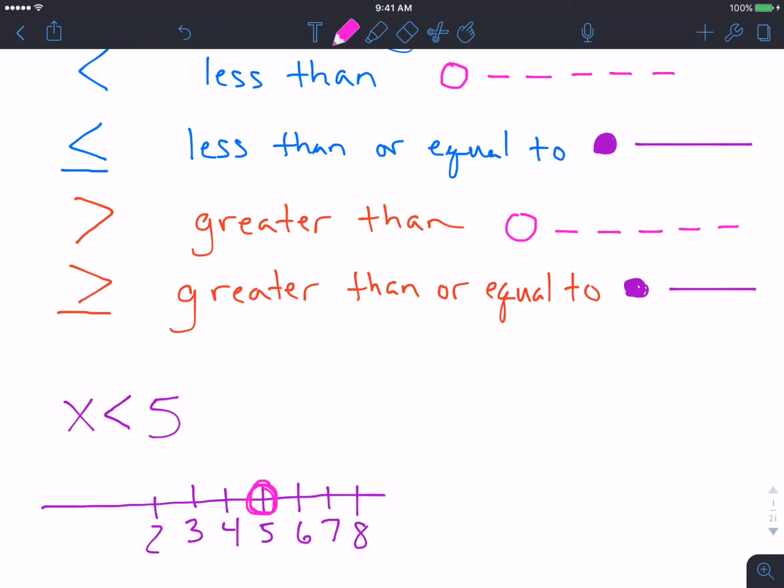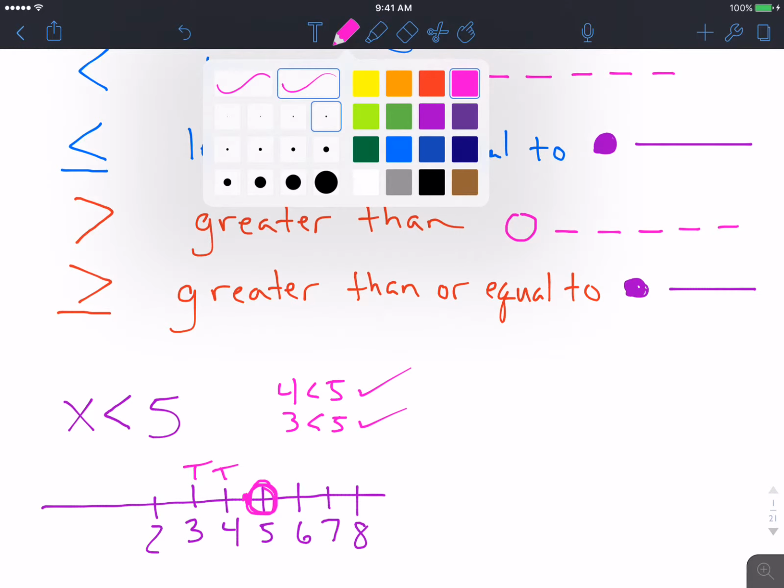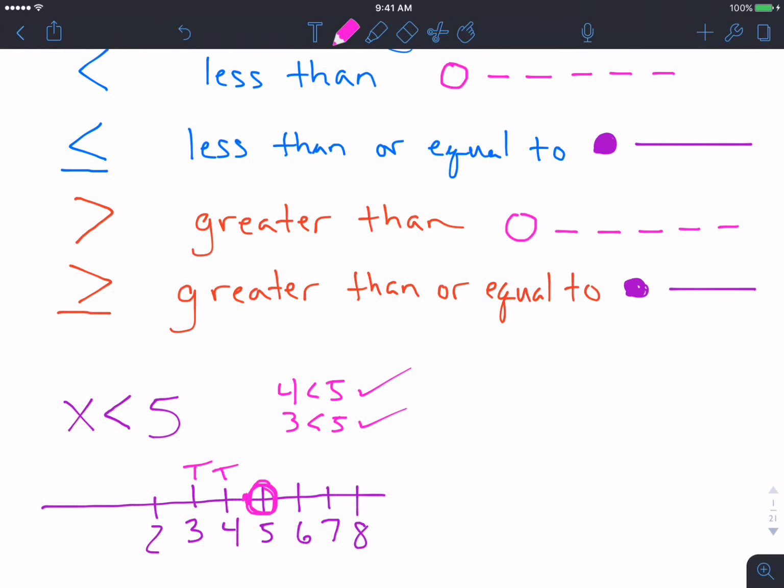Then I know x could be 4 because 4 is less than 5, so that's good. 3 is less than 5, so all these points over here are true. Since these points over here are true, I'm going to go ahead and shade.